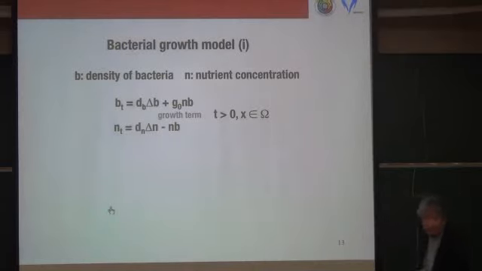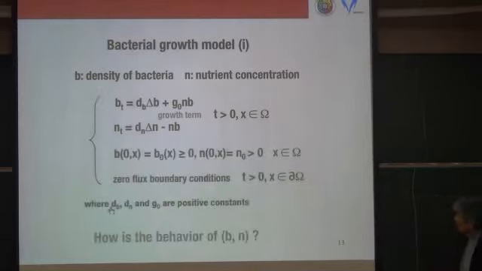So this is a simple model to understand the bacterial colonies, okay. And then we put a zero flux boundary condition on the boundary of omega, and this is the initial condition. But biologically, we may assume N0 is constant, because initially we assume that the nutrient concentration is homogeneous.